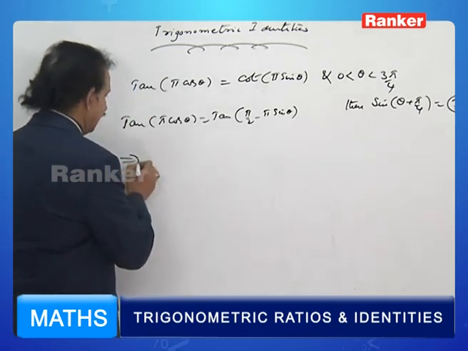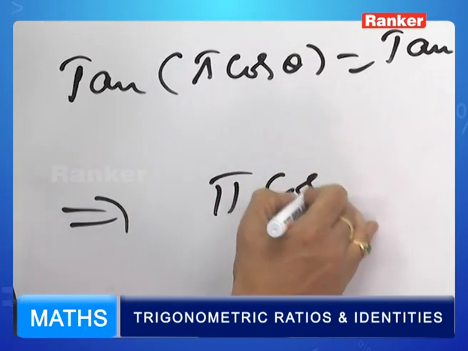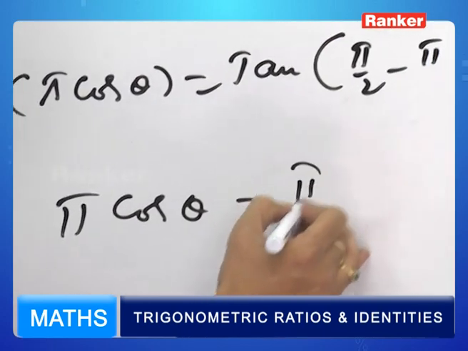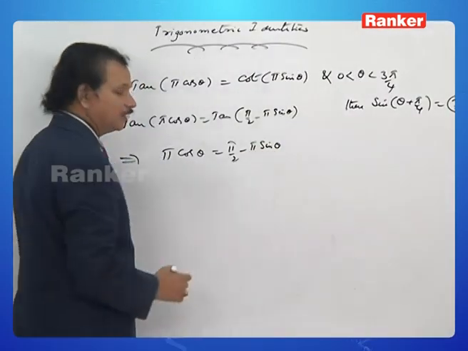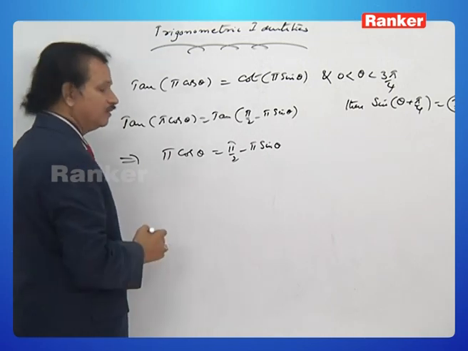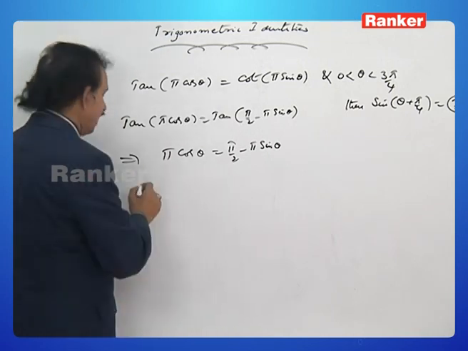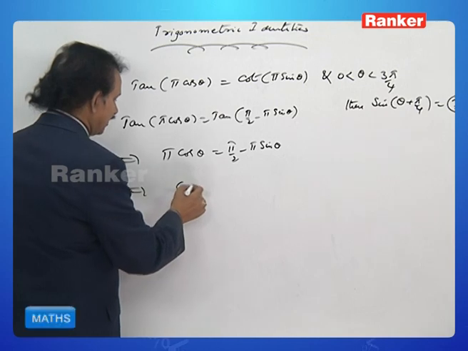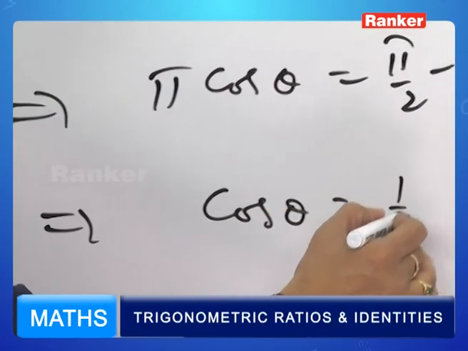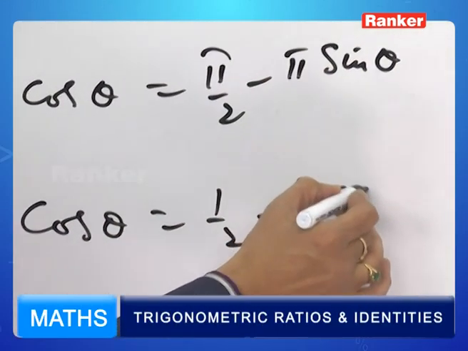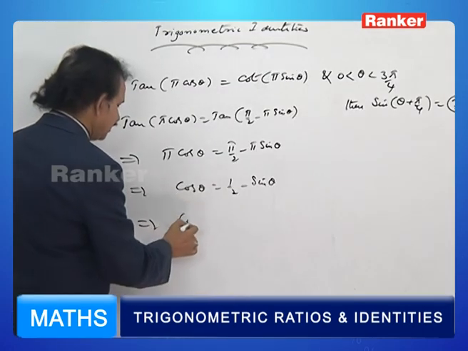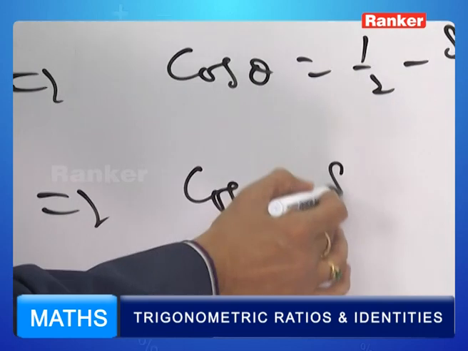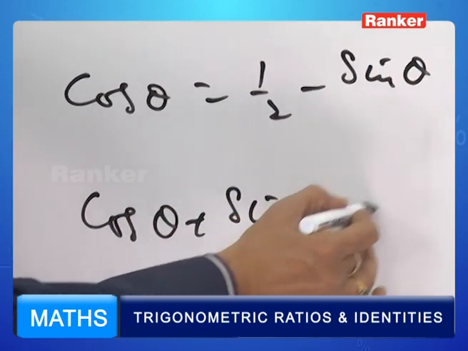Thereby, you have pi cos theta is equal to pi by 2 minus pi sin theta. Throughout the equation you can cancel pi, so that you have cos theta is equal to half minus sin theta. That is cos theta plus sin theta is equal to 1 by 2.